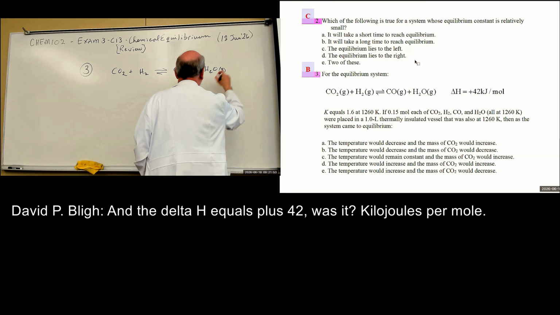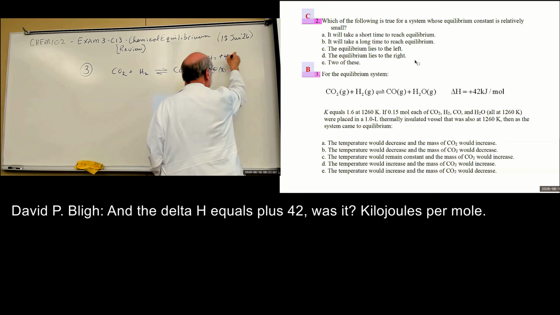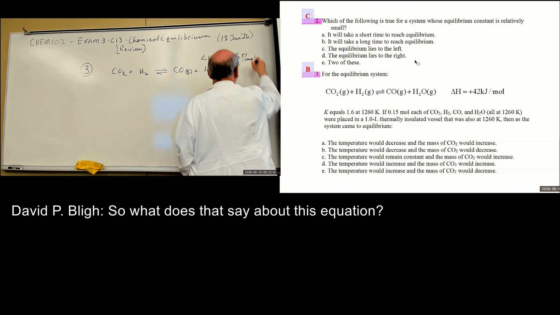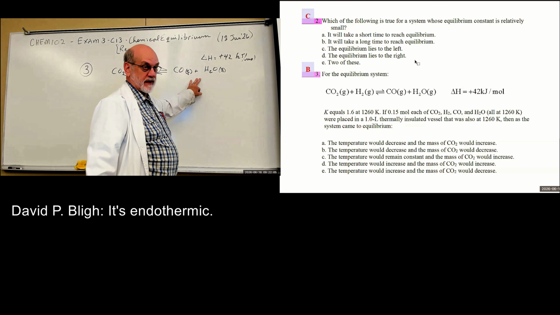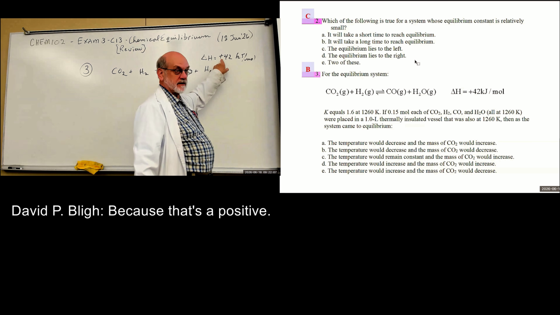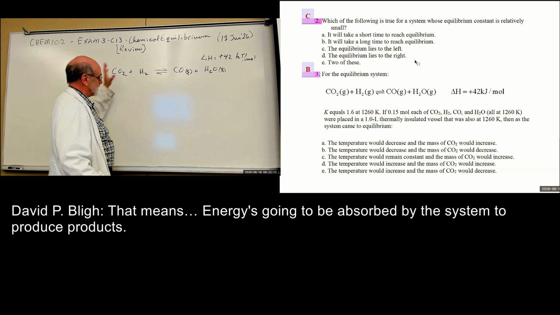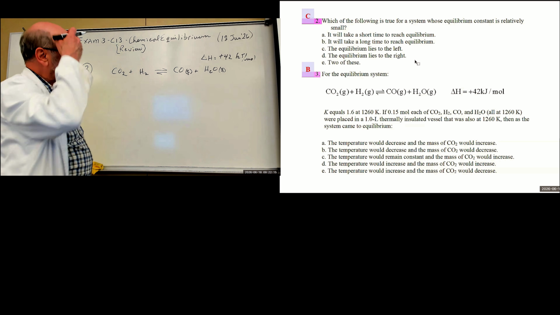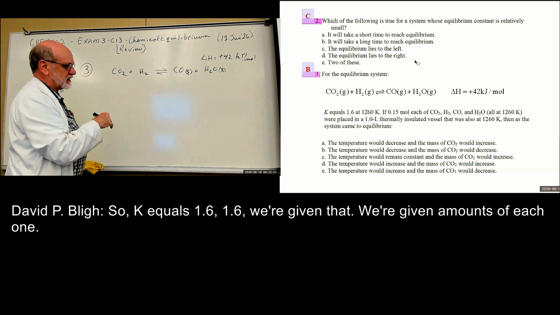And gases. And the delta H equals plus 42, was it? Kilojoules per mole. So what does that say about this equation? It's endothermic, because that's a positive. That means energy is going to be absorbed by the system to produce products. Okay. So K equals 1.6, we're given that.